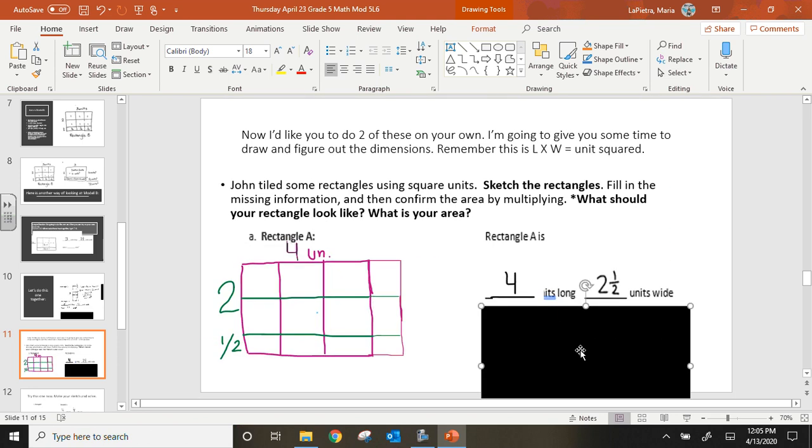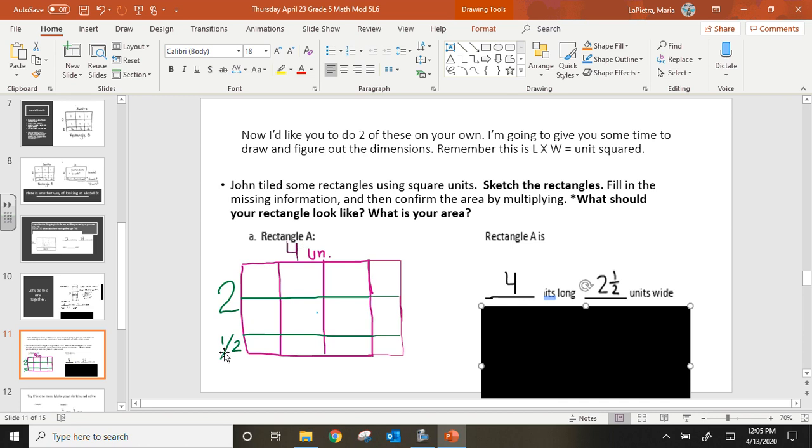Okay. So I have 1, 2, 3, 4, and I have 2 rows, and I have a half row down here. Okay, so that's my sketch or my drawing. Okay, 4 times 2.5. So you could have said 2 times 4, which is 1, 2, 3, 4, 5, 6, 7, 8. You see me counting the squares, so that part's right.